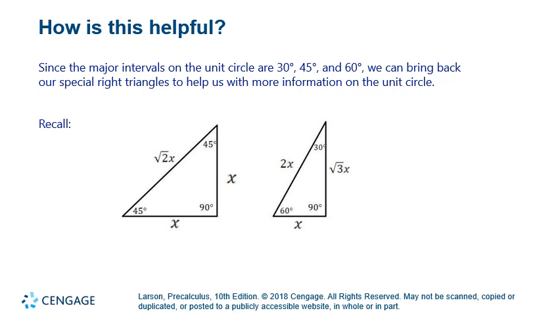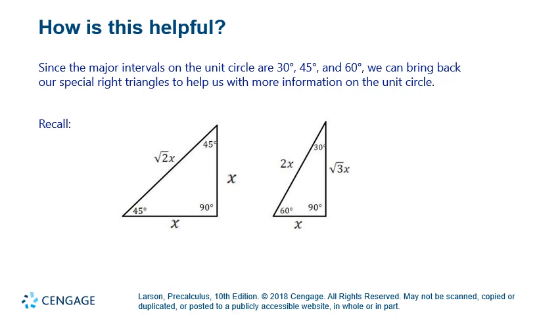Now, applying more information to the unit circle, that's all fine and wonderful, and subdividing it really helps us learn our conversions from degrees to radians and back and forth. But what's also going to help us here are the trigonometric ratios of these special angles.